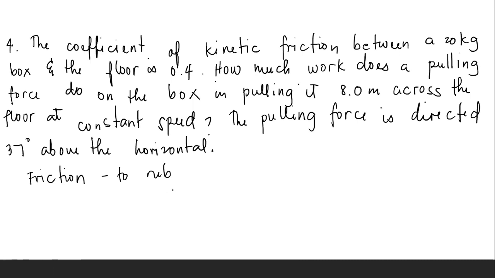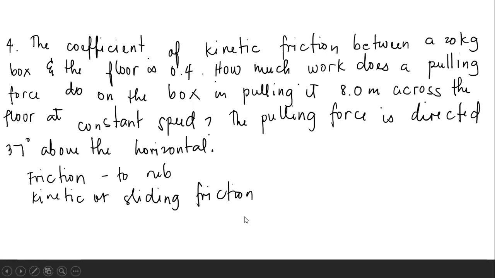We have types of friction. Kinetic or sliding friction is a tangential force between two surfaces when one body is sliding over another. What are the properties of this friction? The frictional force is parallel to the surfaces sliding over one another.